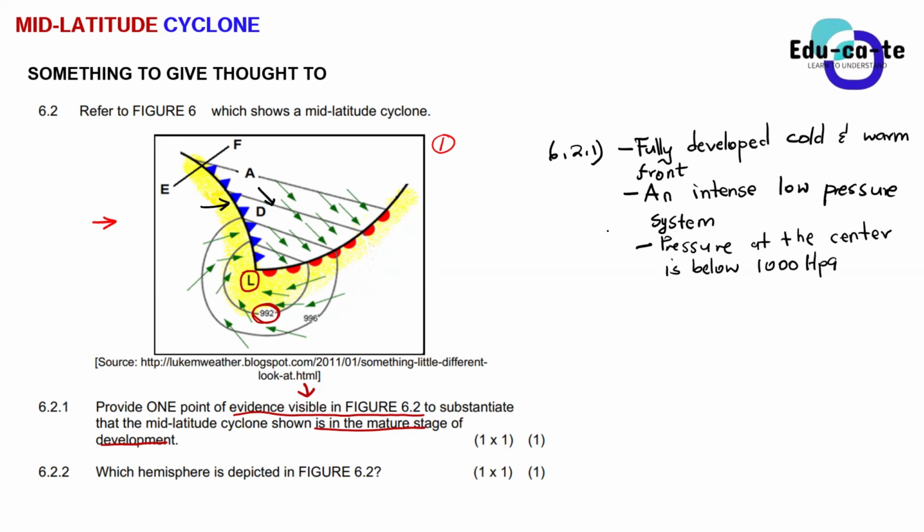Yes. So it's not moving really, it's circulating or rotating. Because this is not movement, it's a rotation. So guys, to identify the hemisphere the mid-latitude cyclone is found in, we have to look at the direction of rotation of the air around that mid-latitude cyclone or around that low pressure cell.